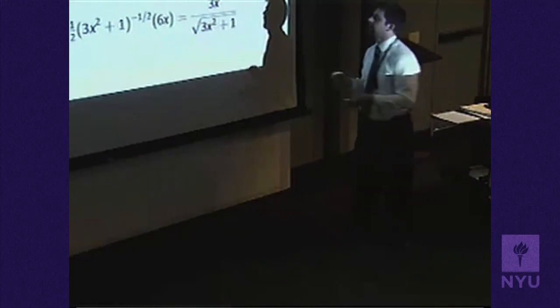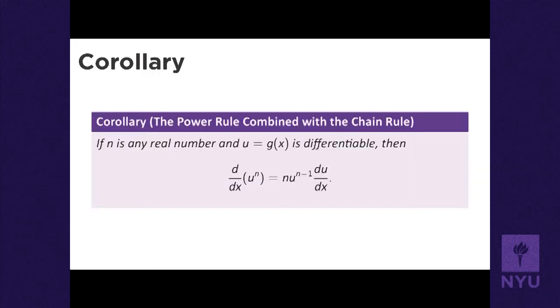Yes, fair enough. Okay. So a nice corollary that you can take out of the chain rule, which we sort of derived here, is that if you have a generalized power function, that is a function which is a power of another function, then you can find the derivative of that function by taking n times that function to the n minus 1 power times the derivative of that inside function.